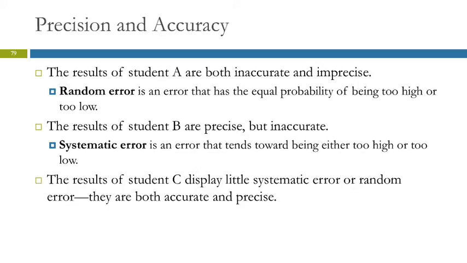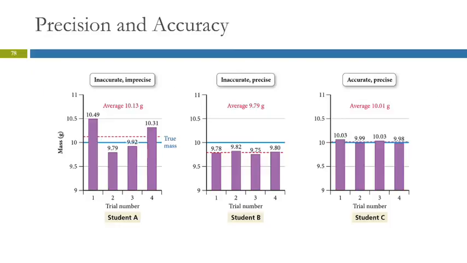Accuracy is often affected by systematic error, and that's an error that tends to make the result too high or too low and is consistent in that. And so that's why student B is very consistent here, but consistently too low. He has some systematic error.